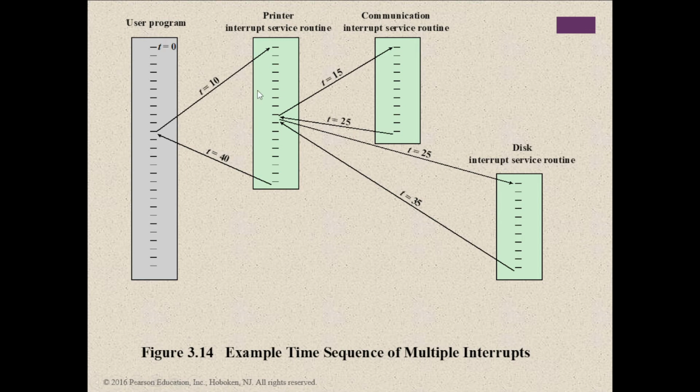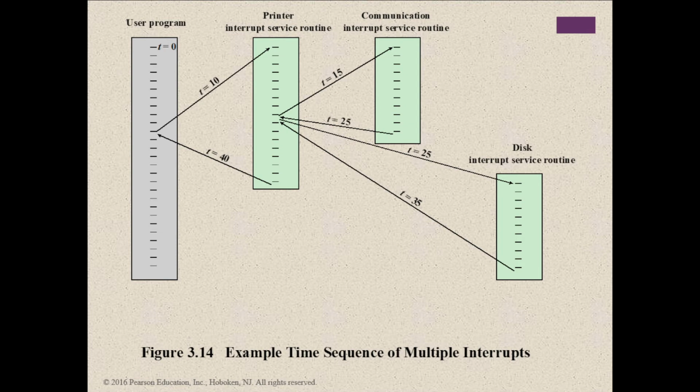Since it has higher priority, the interrupt is honored. The printer ISR is interrupted here, its state is pushed onto the stack to remember the last state of the printer ISR, and execution continues at the communications interrupt service routine.